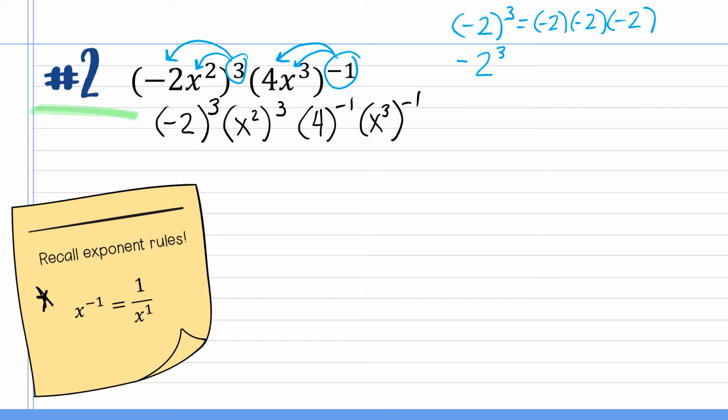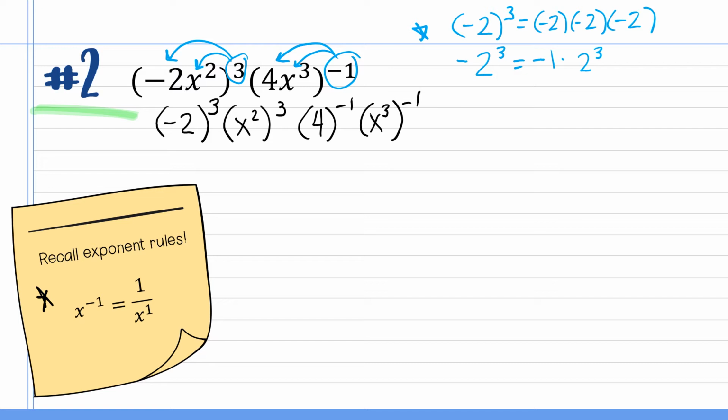Whereas the order of operations in this second part would be a negative on the outside, or a negative 1 times 2 to the 3rd. So when you have an odd power like this, your answer ends up being the same, but if we were to have an even power, then your answers would have opposite signs. So just be really careful with this moving forward throughout the year.